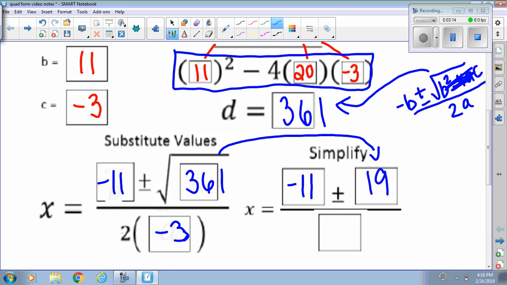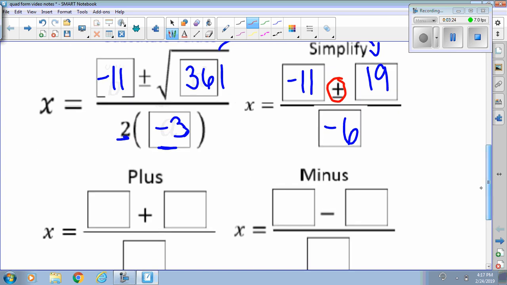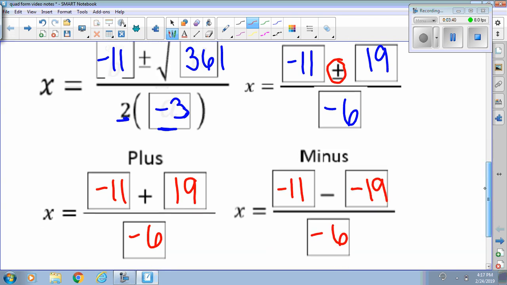And then at the bottom, you do 2 times negative 3, so that's negative 6. Now notice that there's a plus and a minus, so that means we're going to write this out twice. We're going to have negative 11 plus 19 over negative 6, and negative 11 minus 19 over negative 6.